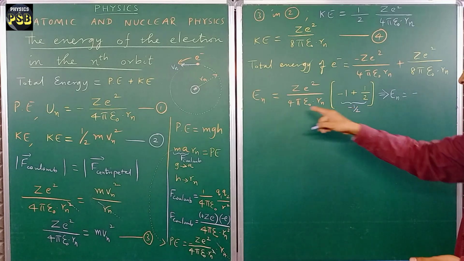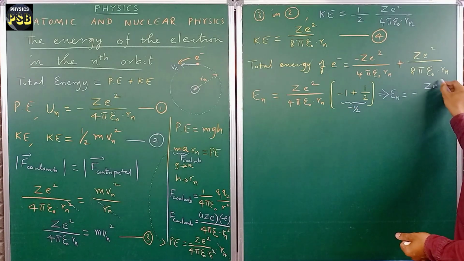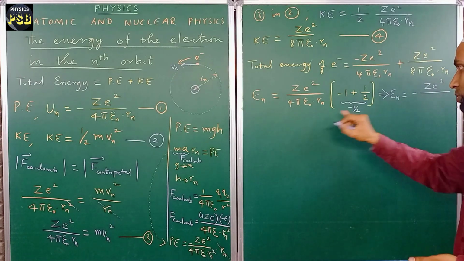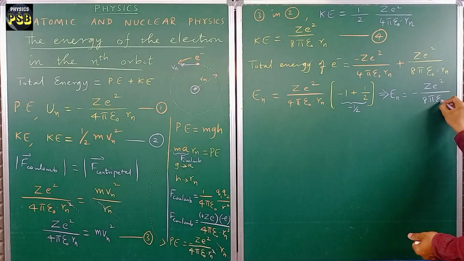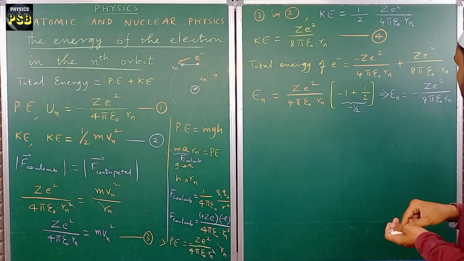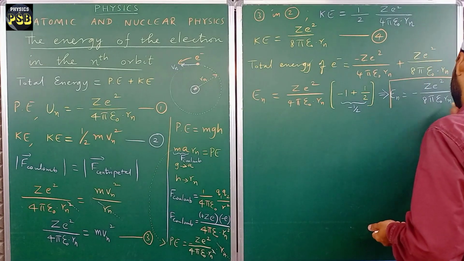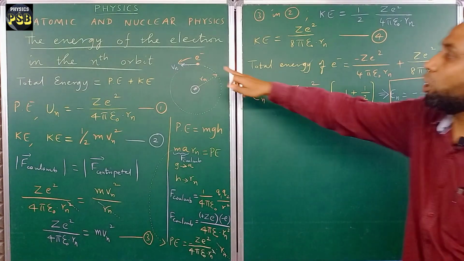minus, this minus is written here in the front, Ze² upon, this half, this 2 is multiplied with 4, 8πε₀ Rn. Okay, this is the final expression which represents the energy of the electron revolving in nth orbit.